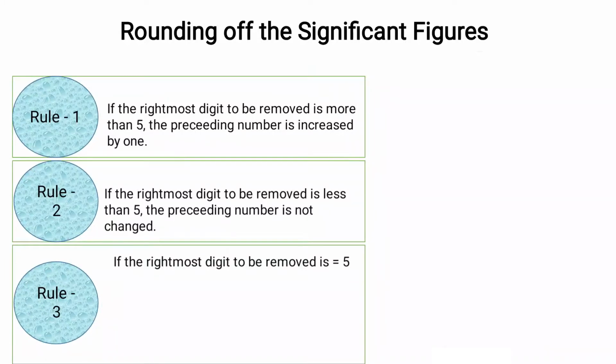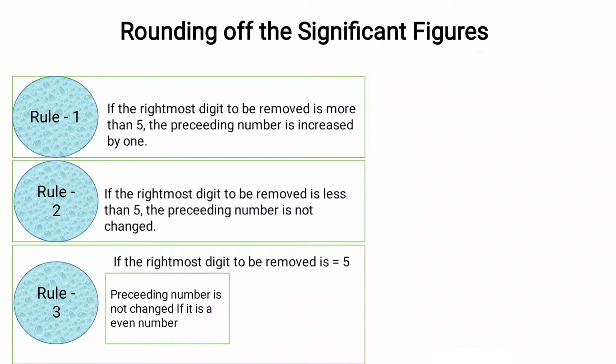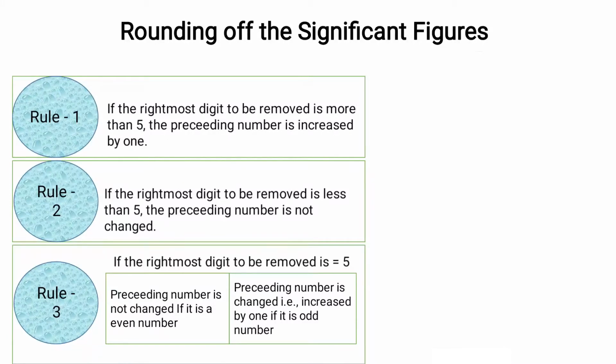The first possibility is that the preceding number is not changed if it is an even number. If the preceding number is even, then no changes are made. The other possibility is that the preceding number is increased by 1 if the preceding number is an odd number.